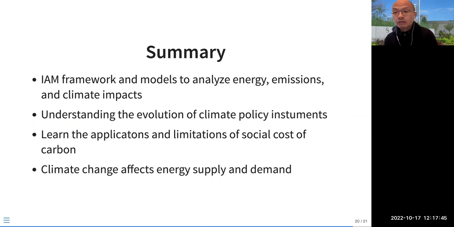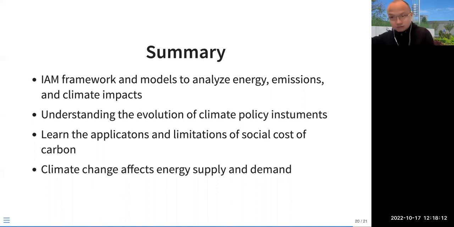And we also took the opportunity to introduce the evolution of the climate policy instruments from the wedge idea to the McKinsey cost curve to the social cost of carbon and to the best practices and to the toolboxes.